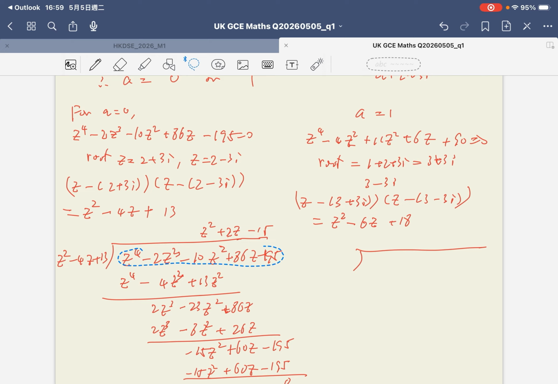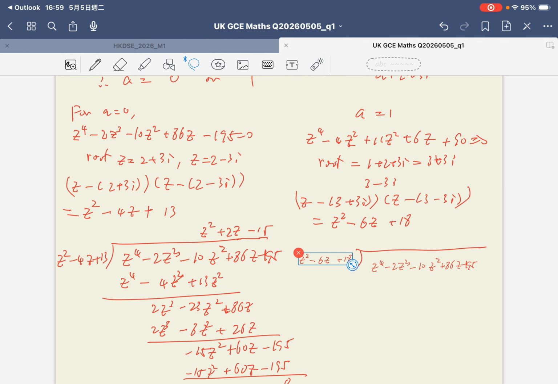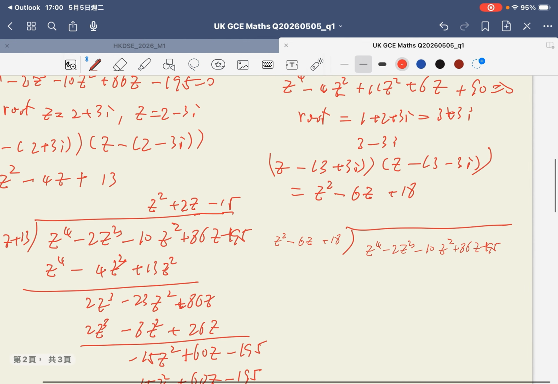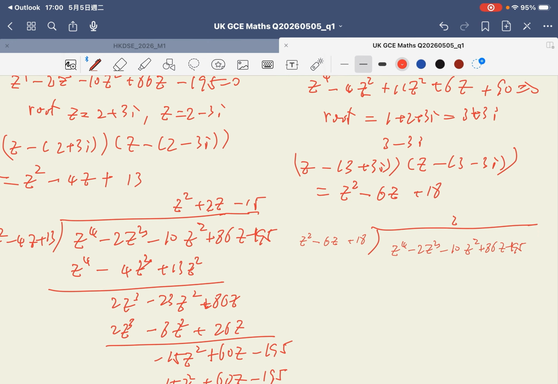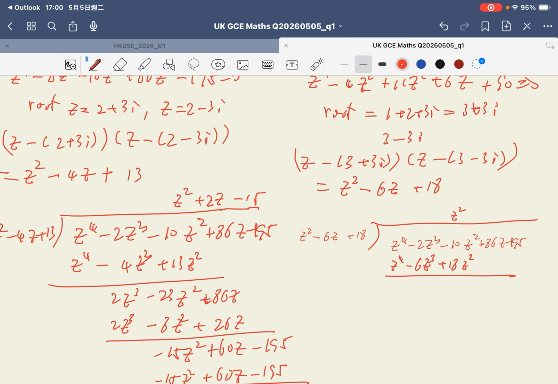This one divided by this one. And here you can calculate easily z squared, that is z to the power 4 minus 6z cubed plus 18z squared.